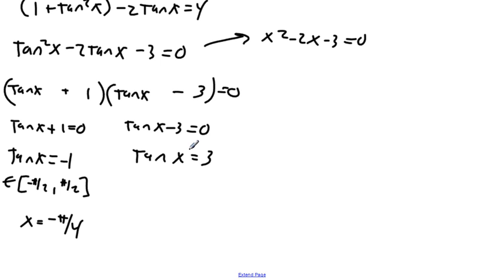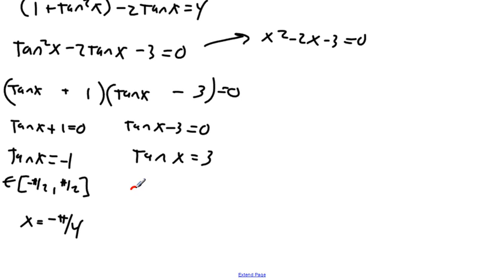Now over here, you're not going to find anything on the unit circle where the tangent of something equals 3. So this is when we have to actually use our inverse trig function. So what I'm going to do is take the, cotangent, I'm sorry, not cotangent, I'm going to take the inverse of tangent of both sides, which is the same thing as saying arctangent. Okay, and this is what I mean by that.